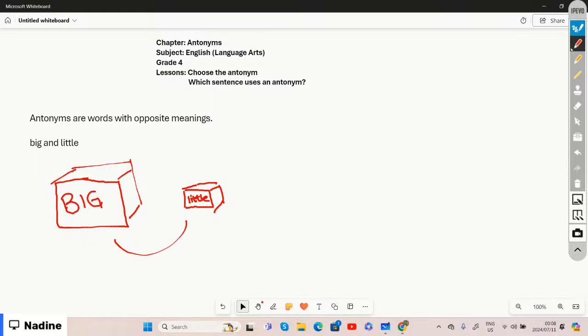Let's look at a few more examples of antonyms. Antonyms are words with opposite meaning. I'm going to write down a word and you will tell me the antonym of that word, the opposite of that word.